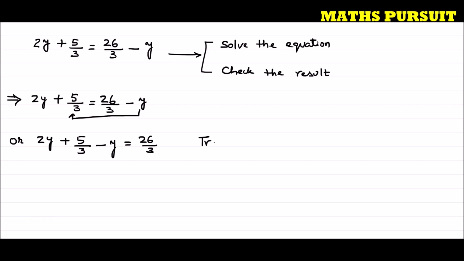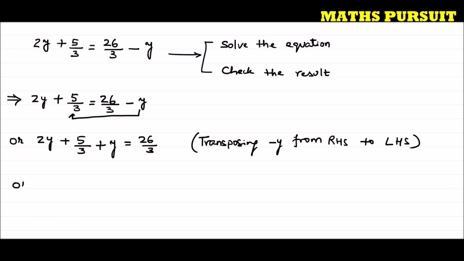That means transposing minus y from the right hand side to the left hand side. And we very well know when a negative number moves to the other side, it becomes positive. So here we got (2y + 5)/3 + y is equal to 26 upon 3.